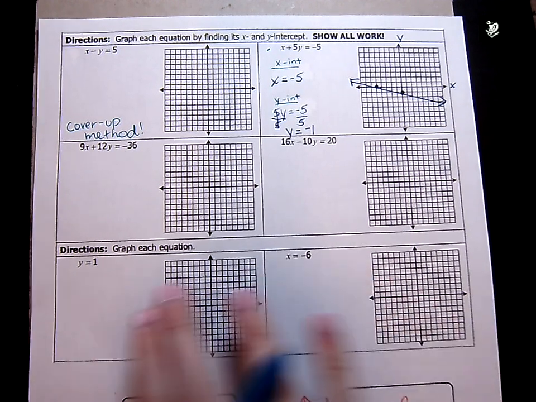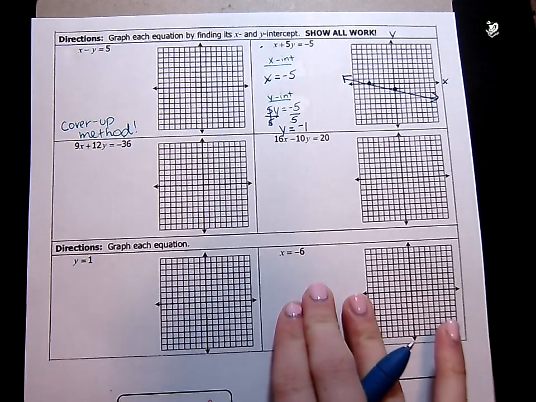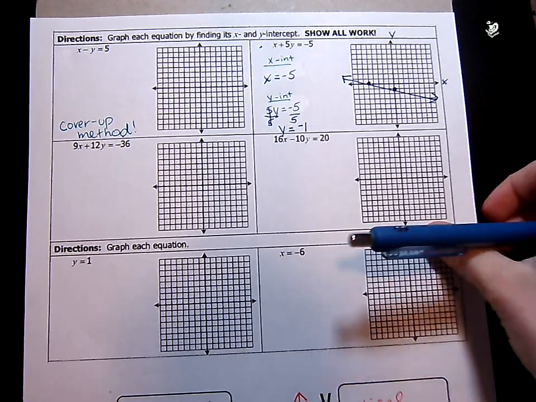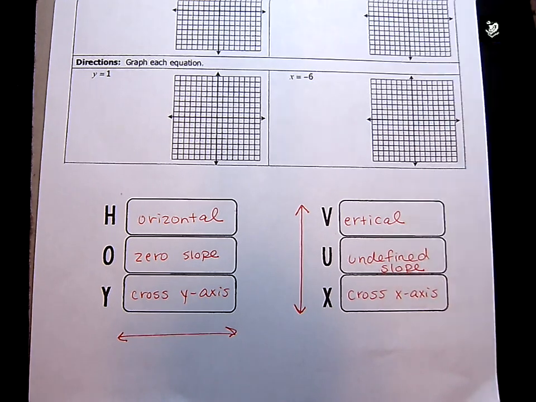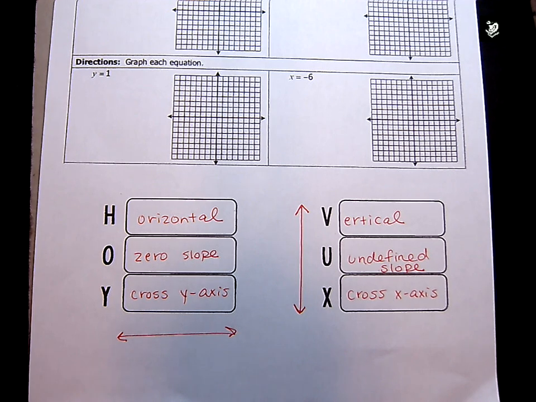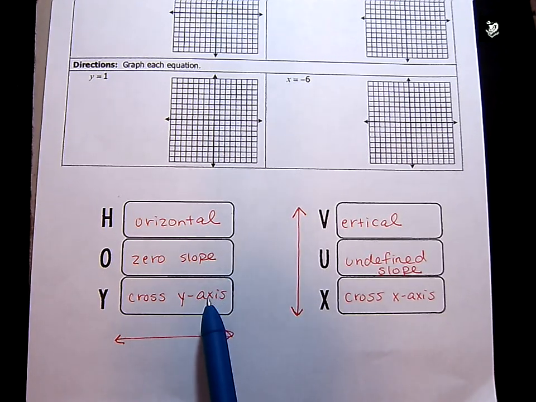I'm going to leave the bottom 2 for you to do since there's only 2 equations. So we've got y equals and x equals. But remember, when it's y equals or x equals, it's a straight line, specifically a horizontal line or a vertical line. So I filled in the bottom to kind of help you along. So remember, Hoy and Vux, they're not going away. Hoy is horizontal lines, have 0 slope, and they cross the y-axis.